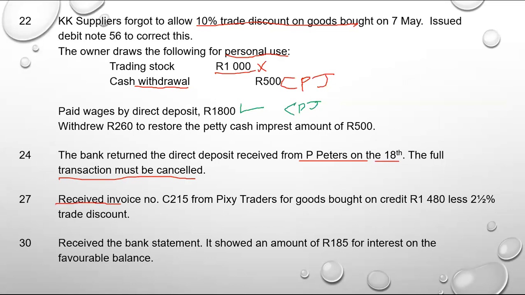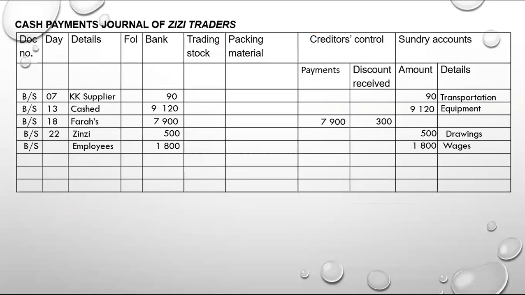And then it says we drew 260. The fact that we drew 260, this is to replace the petty cash amount so that it goes back to 500. So the money that we withdrew will go to the cash payments journal as petty cash in this case, because it was not for personal use. Instead, it was for petty cash.